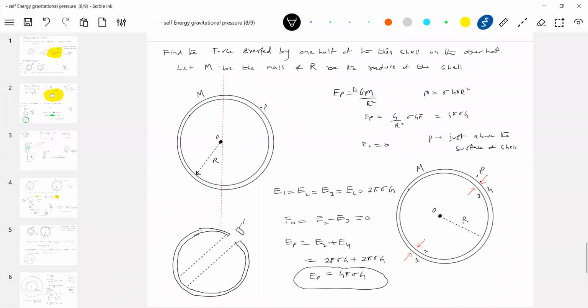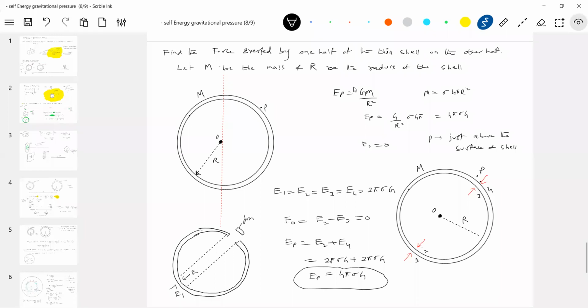So let that be dm. The field as usual, this will be E2, this will be E1, no? This will be E2 and E1. So this elemental surface dm, what will happen? When I remove that, it will experience a force due to this.